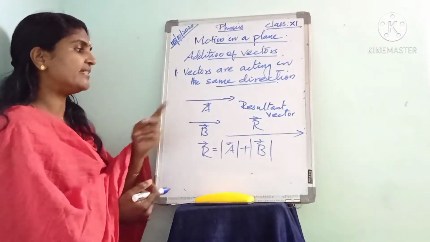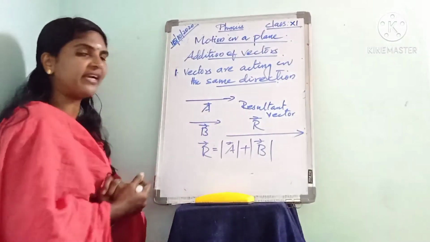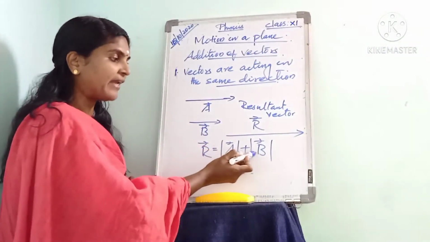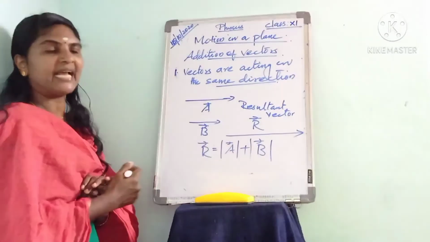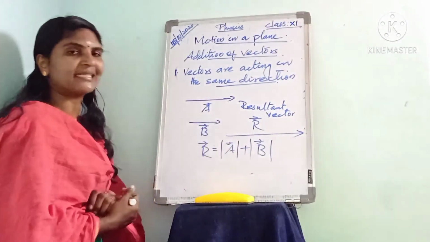Here we have two vectors, vector A and vector B. How can we add them? Just by adding the magnitudes of A and B. That gives us another vector R, the resultant vector.